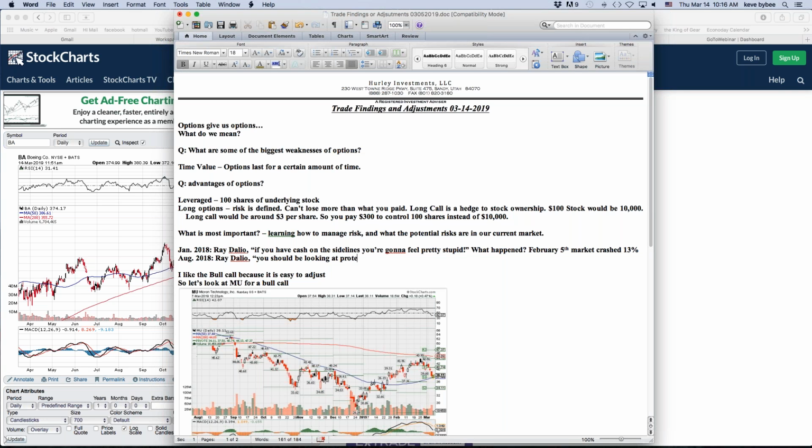He said something to the effect of, be conservative and cautious with your portfolio right now. So kind of completely opposite.